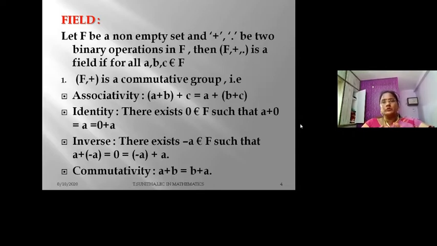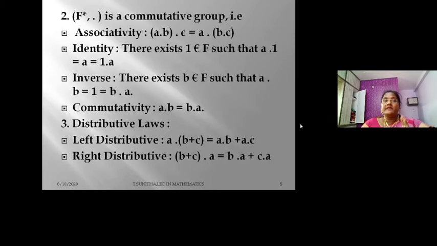So to become a field, first it should be a commutative group with respect to addition. Next, (F*, ·) is a commutative group. F* means all elements will be there except 0; 0 will not be considered.